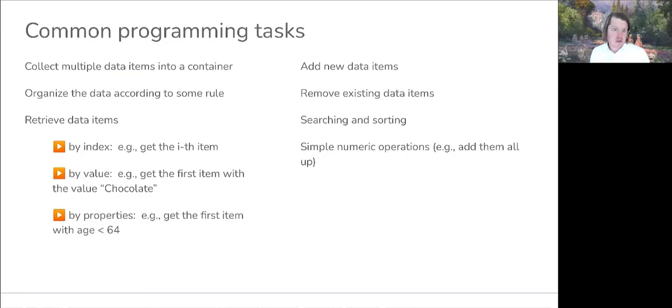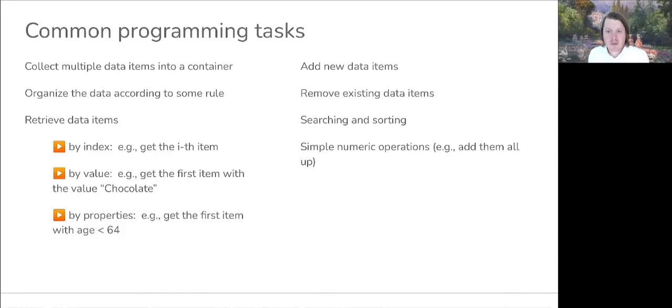Sometimes we might even sort that or organize the data according to some other rule. Frequently, we will want to interact with that data. So we'll retrieve some data item residing within one of our collections, maybe by index, maybe by searching for it by value, or by taking some subset of our set by a particular property.